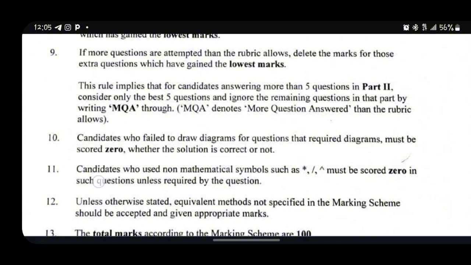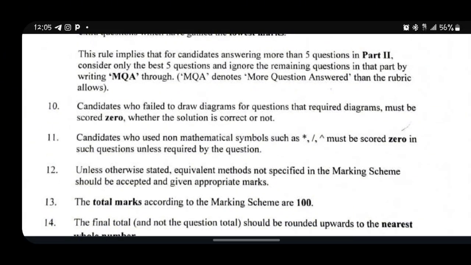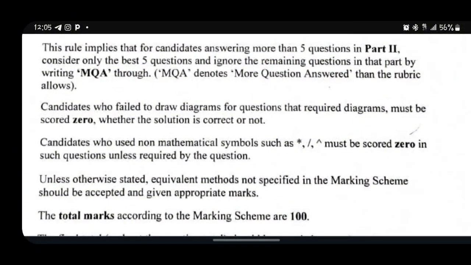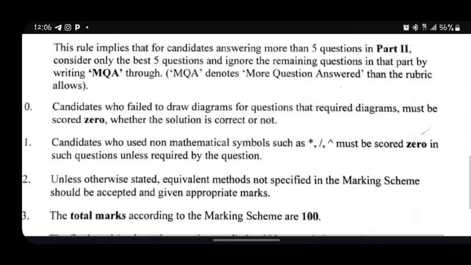Okay, number 11. Candidates who use non-mathematical symbols such as star, slash, and raised to power must be scored 0 in such questions unless required by the question.